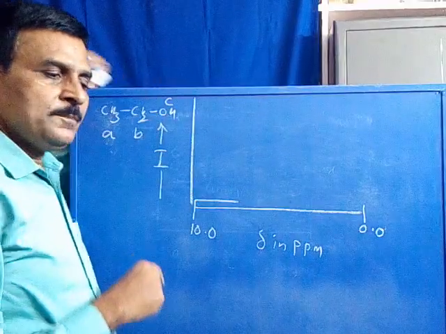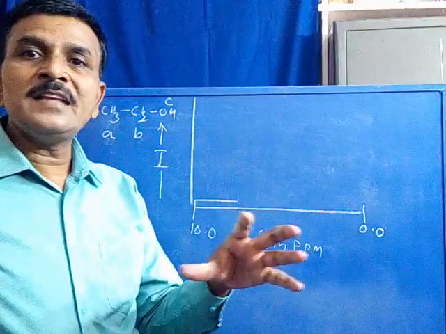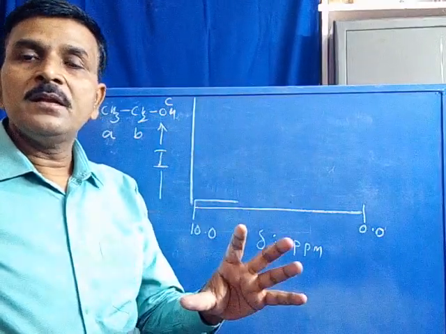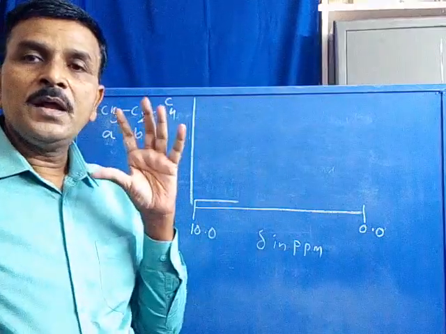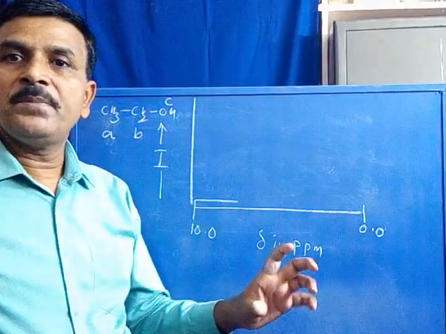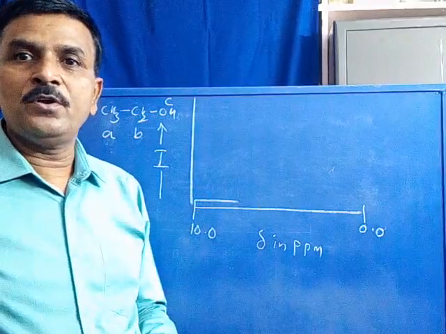Now we already discussed that a proton with least electron density absorbs energy that requires less energy. Therefore, the signal of a proton with the least electron density appears at a higher delta value, as delta is inversely proportional to frequency.